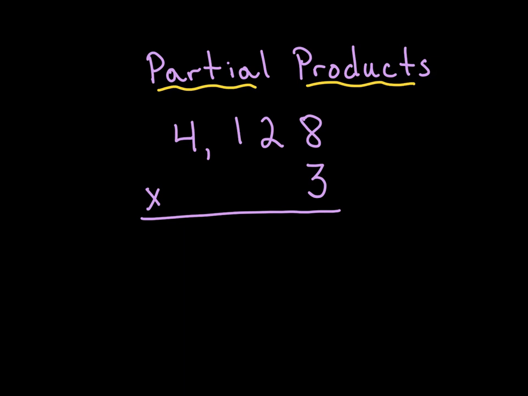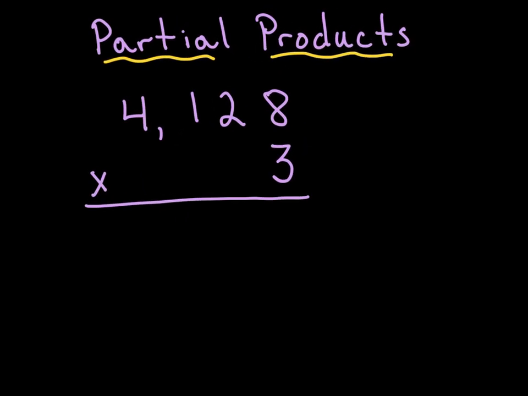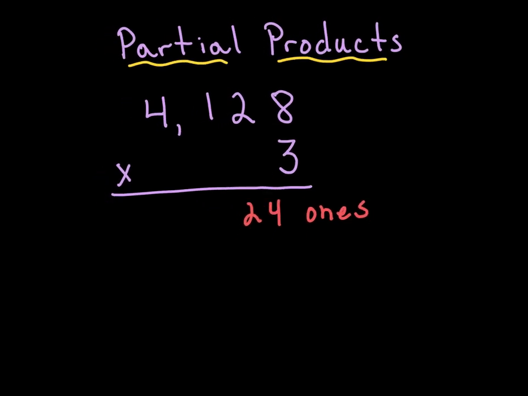Okay, continue on with partial products, the vertical form method. And this one got a little bigger. We have 4,128 times 3. So we have 8 times 3. Those are the ones. So we have 24 ones. Now we're going into the tens, and that's 2 tens, but 2 tens times 3 would give us 60, because it's 3 times 2 tens.